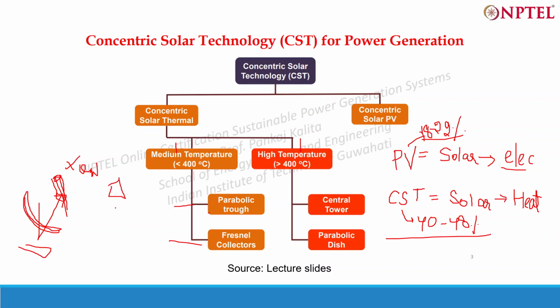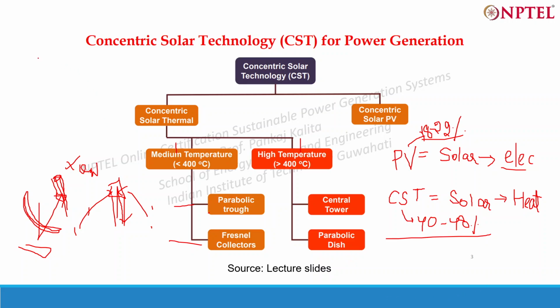There are pictures in the lecture slides, you can go and see. There are heliostats surrounding this. These heliostats focus the sunlight on the central tower, and then cold fluid is passed through it, converts to steam, and then electricity is generated.